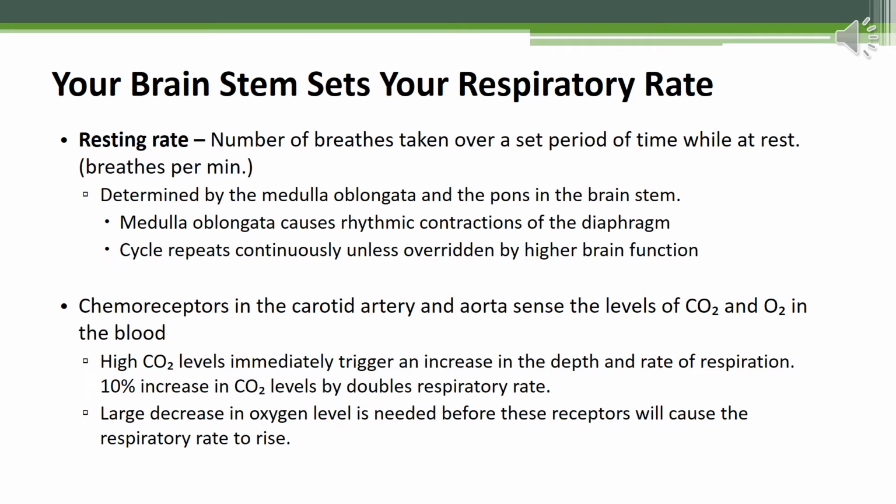A 10% increase in CO2 levels doubles the respiratory rate. A large decrease in oxygen level is needed before these receptors cause the respiratory rate to rise. So essentially, oxygen level is more important here than CO2 level.